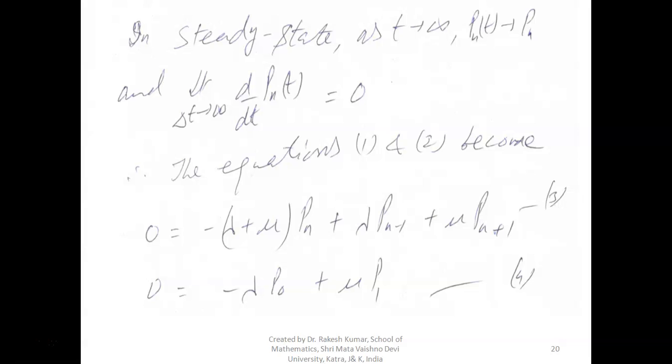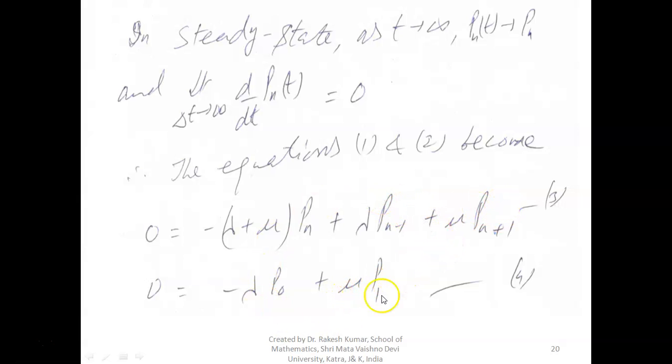The system behaves as under equilibrium, that is input rate is equal to output rate. When the probabilities become independent of time, the derivative of a constant, d/dt of p_n(t), becomes 0. Therefore, equations 1 and 2 become like this, independent of t.